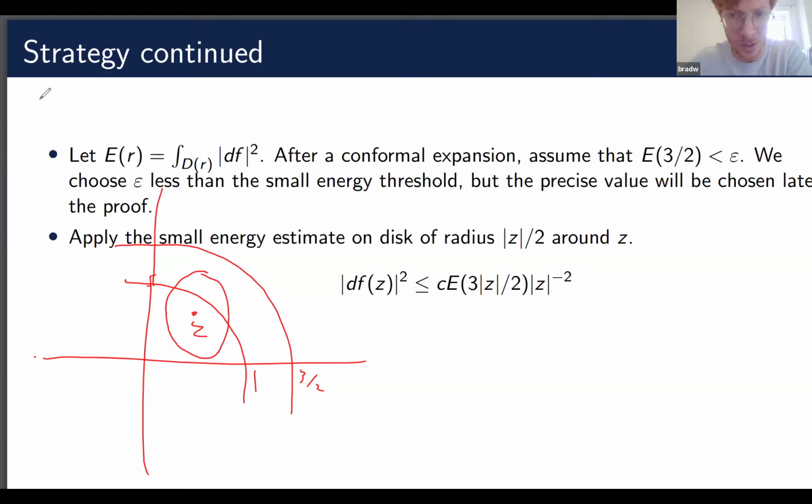And so we're applying the small energy estimate on this disk to say that the norm of df is controlled by a constant times this energy over the disk. And then we've got this factor of |z| squared coming in, where we've absorbed the half into the constant. Okay.